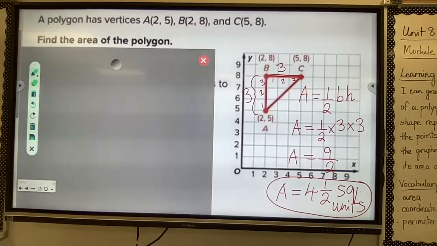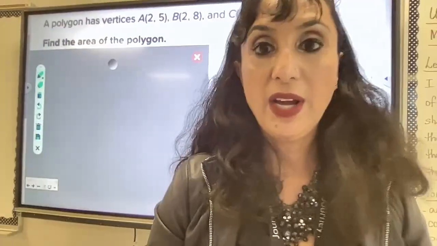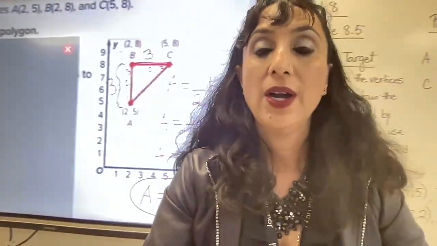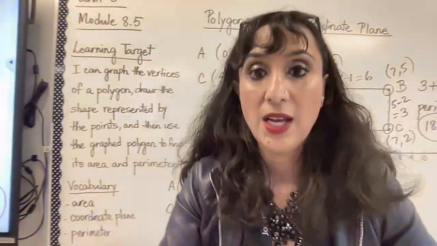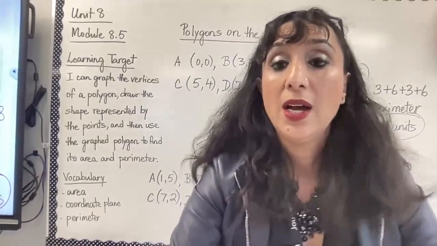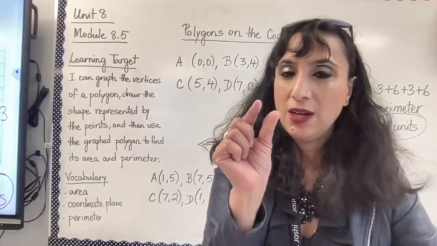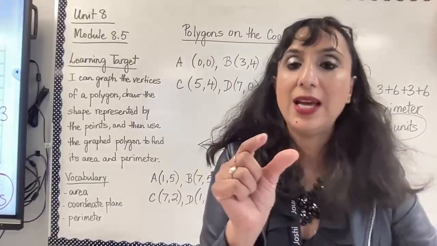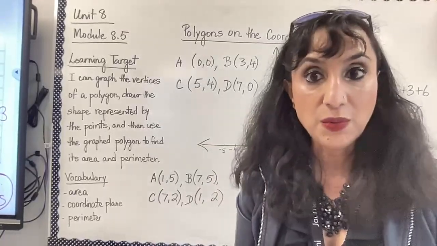All right? And basically that's what this lesson is about. Either you're finding area or you're finding perimeter, and you can either count. If you're finding perimeter, you can find each little segment that is 1 unit and count it that way for distance.